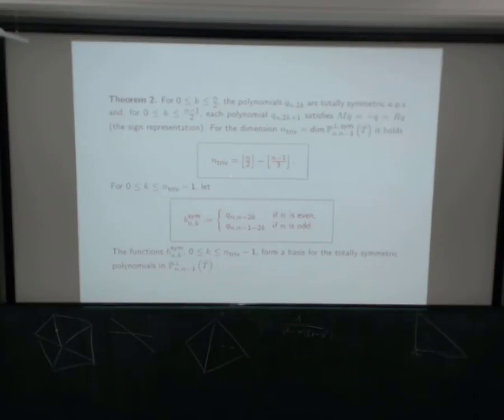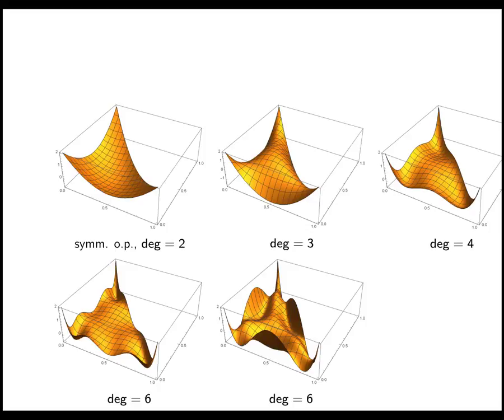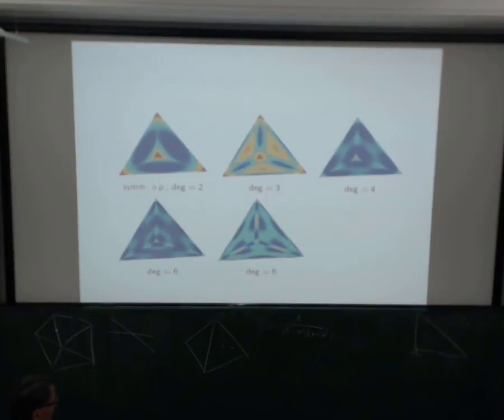This I find quite beautiful, because otherwise, if you look at this number, it's not so simple to guess this formula. Okay, they look like that. These are the functions on these orthogonal symmetric polynomials.